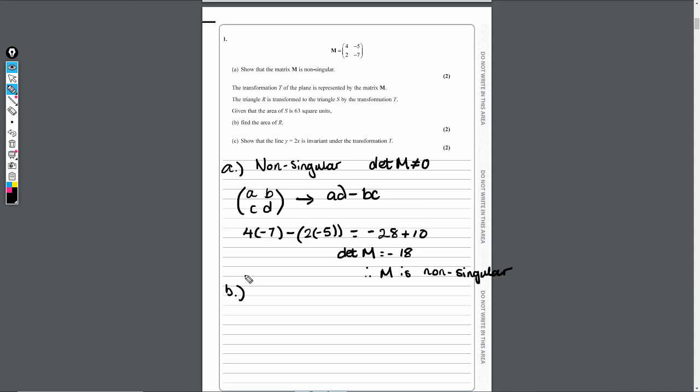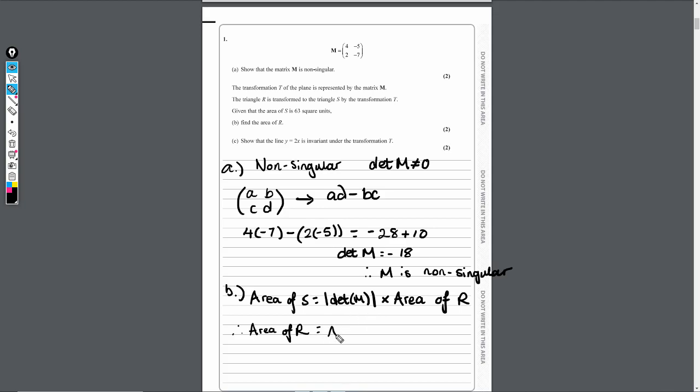The area of S is equal to the absolute value of the determinant of M times the area of R. We know the area of S is 63 square units and we just want the area of R, so if we rearrange, the area of R is the area of S divided by the absolute value of the determinant.